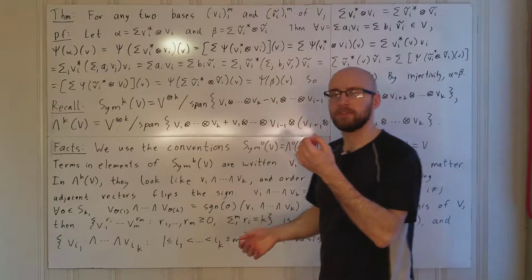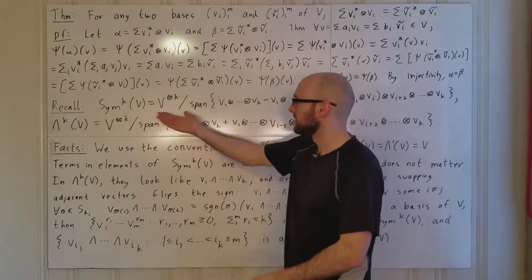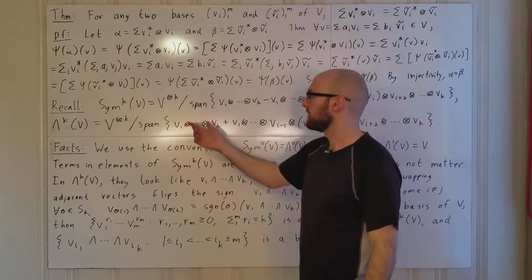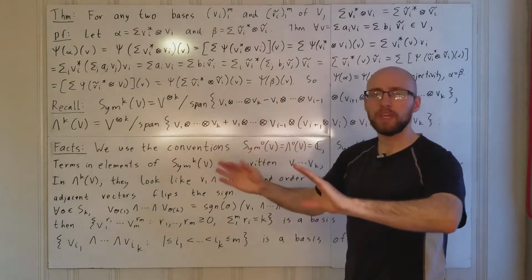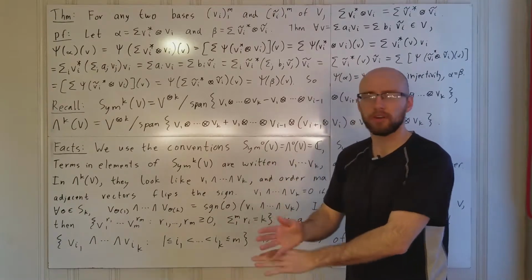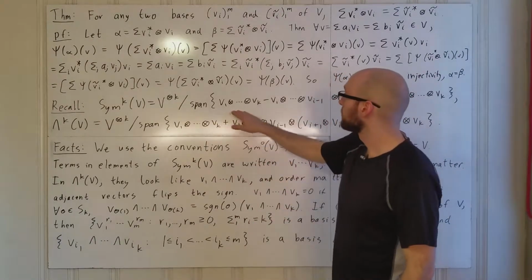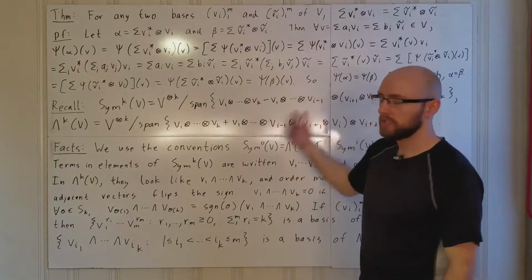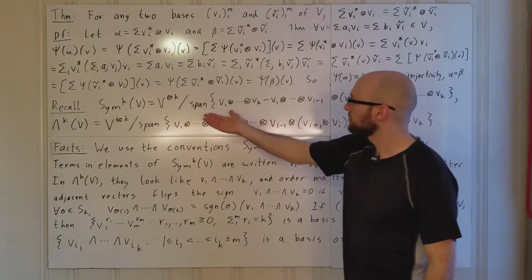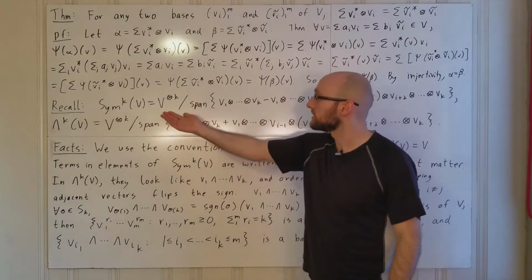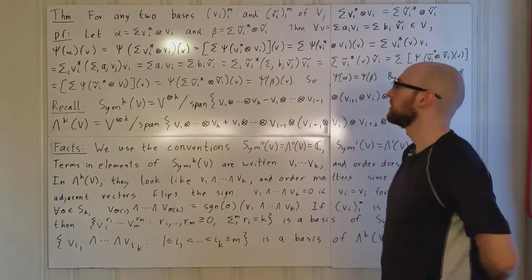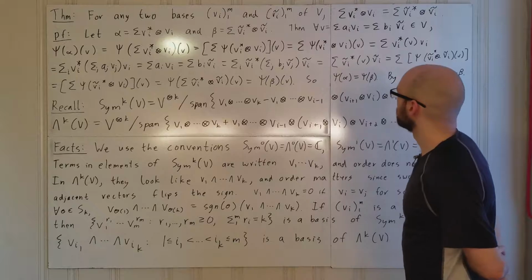If you take an element alpha in this space and write alpha as a tensor product of V1 through Vk, and then you flip Vi and Vi plus 1 for some i and call that element beta, then alpha minus beta equals 0. And so quotienting by this space means that alpha equals beta in this quotient space. We'll talk a little bit more about that later.